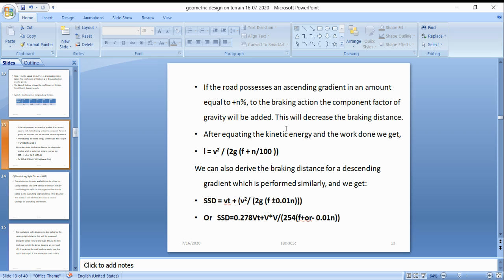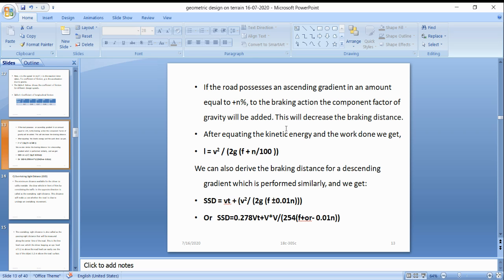into f plus n by 100. This is where the energy comes in. So he also derived the braking distance for a descending gradient, that is the same as stopping sight distance equal to Vt plus v square by 2g into f plus or minus 0.01 n.